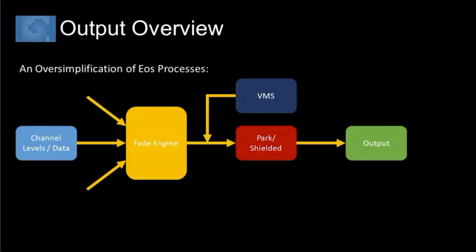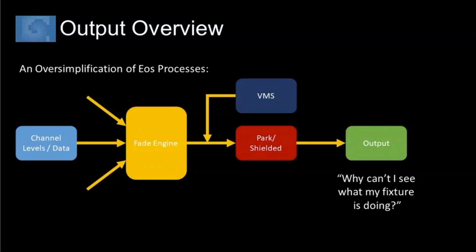So VMS, because it's video, RGB, basically, we inject it kind of after the fade engine, and then the only thing that can really override that sort of stuff is things like a parked address or those sorts of things. So the fade engine and all of the things that it does really has no knowledge of what this virtual media server is contributing. So the brain of EOS, the how does it know what everything's doing, VMS is not a part of that. And the biggest question we get is, why can't I see what my fixture is actually doing on output, right?